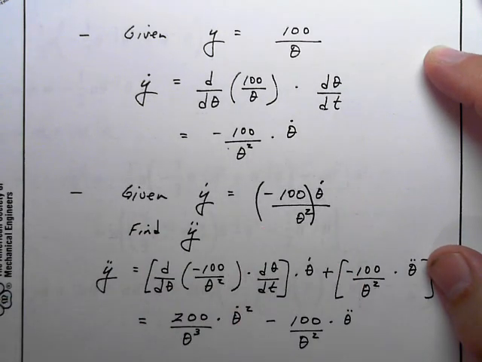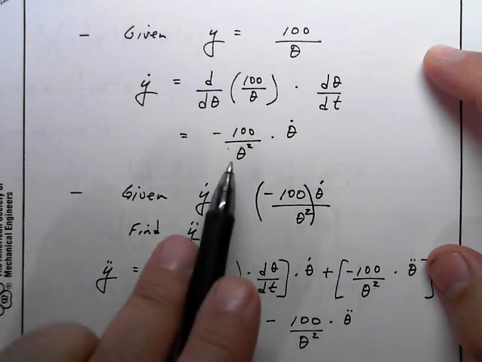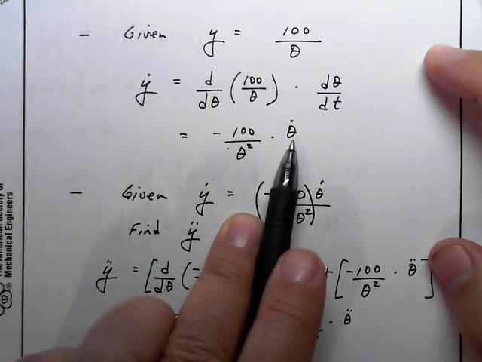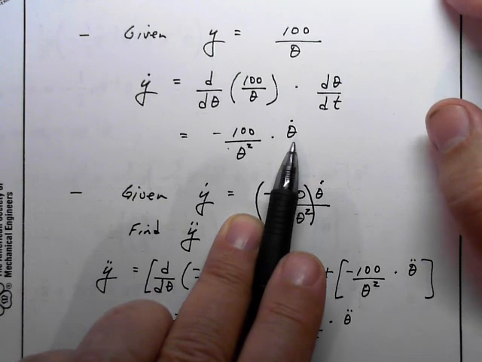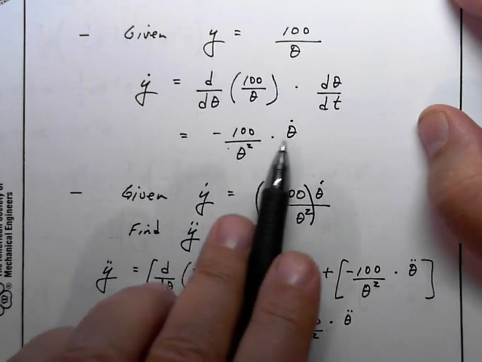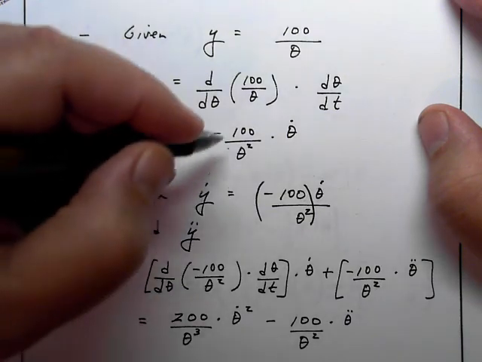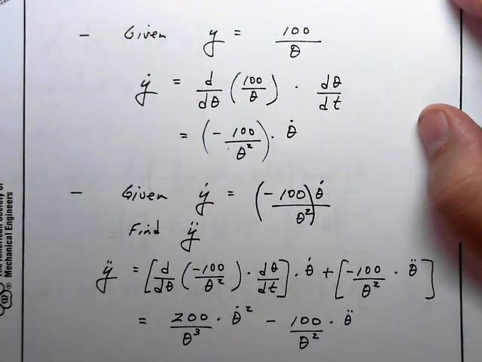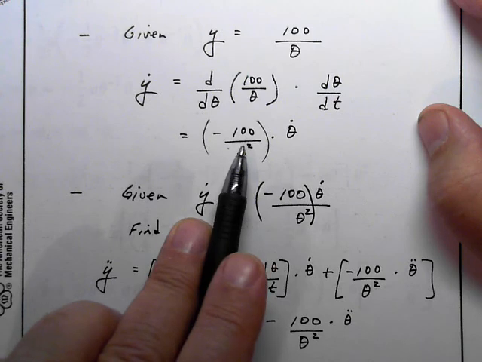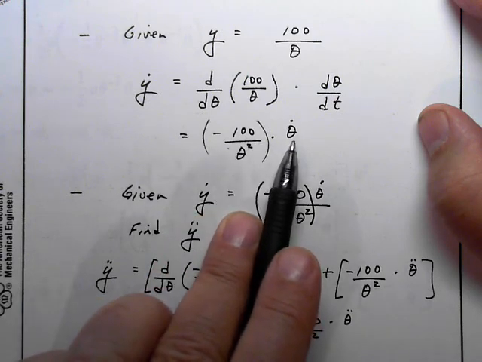What if we want to go to a second derivative? Well, first of all, we have two pieces that involve theta, and two pieces, therefore, that change with time. And so we're going to need to take derivatives of both terms using the product rule. The product rule says take the derivative of the first piece with respect to time and multiply by the second piece.